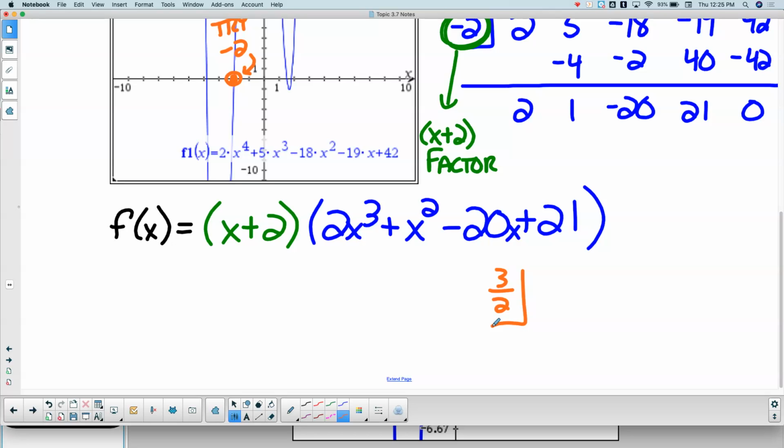The new one. What's the new one? The 2x to the third plus x to the second minus 20x plus 21. I'm going to try it into this blue one, right? Okay, so that's what we're going to go into now. 2, 1, negative 20, and 21.